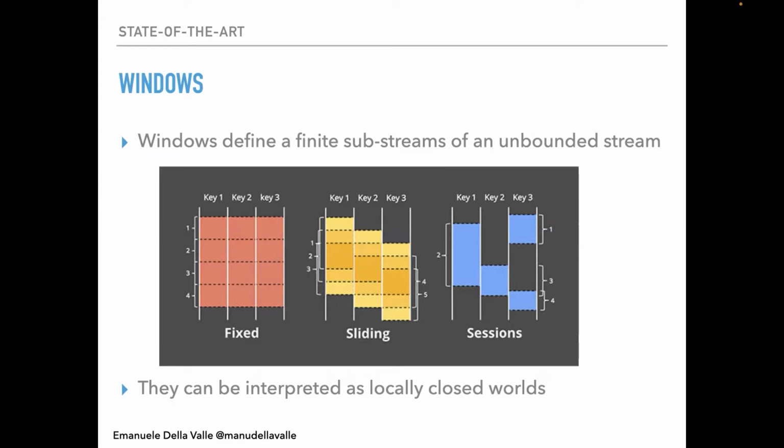A newer type of window that I really think is useful in several settings is the so-called session window, where you specify the maximum distance between 2 consecutive events that will put them into the same window. And so you say, I want all the events that are not separated more than 1 minute.